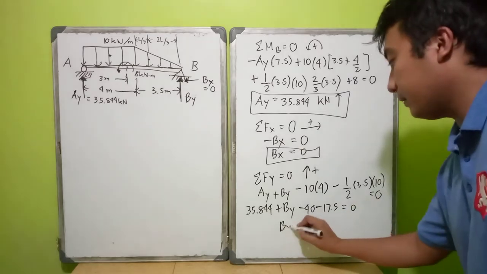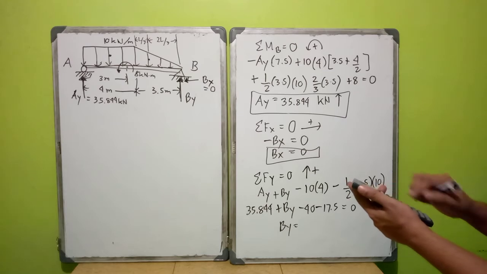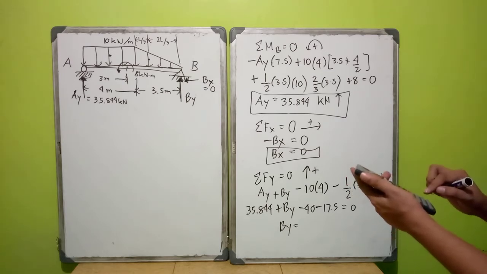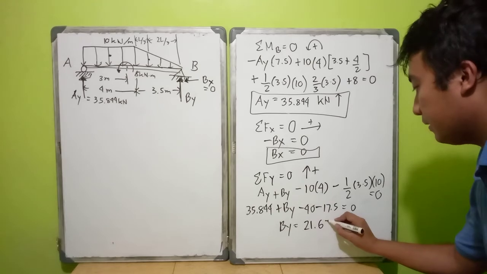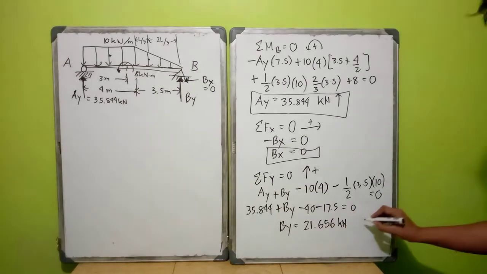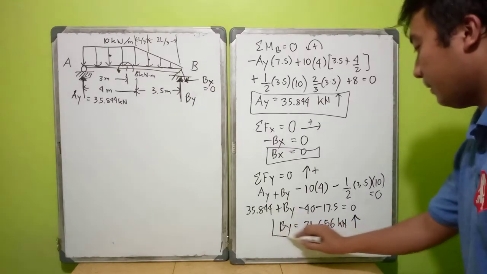So we get the value of BY. 40 plus 17.5 minus 35.844, that is 21.656 kilonewton. Since we get a positive value, we know that it is upward.